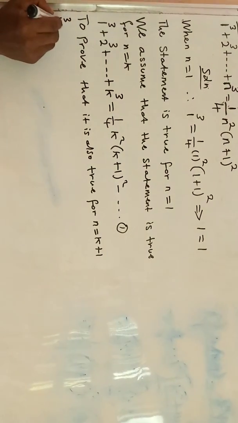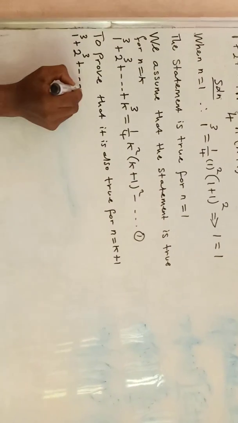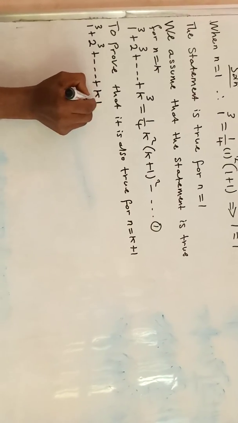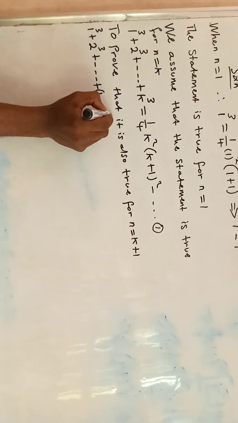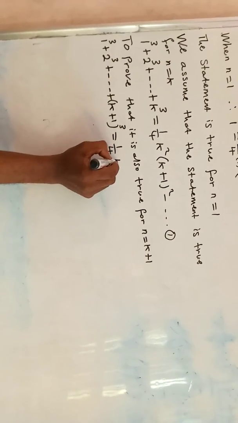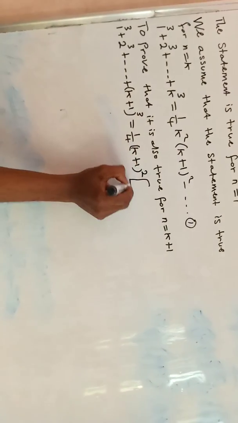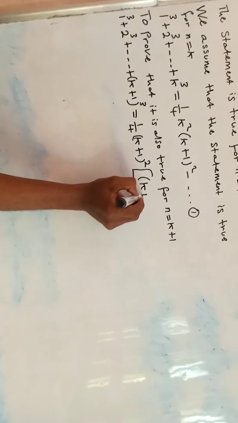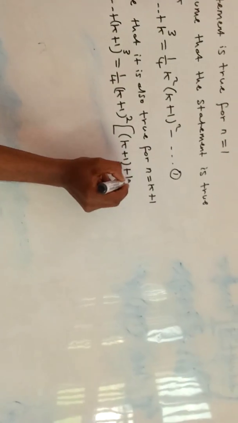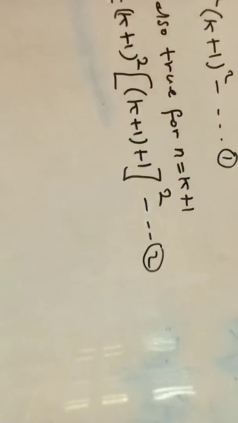We have 1 cube plus 2 cube plus and so on plus k plus 1 cube is equal to 1 over 4 k plus 1 square bracket k plus 1 square. We name this equation 2.